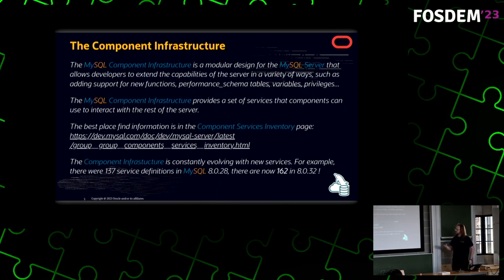And something very nice is that this component infrastructure is enhancing all the time. For example, in MySQL 8.28, we had 137 services defined that you could use. And in 8.32, it's already 162 services.